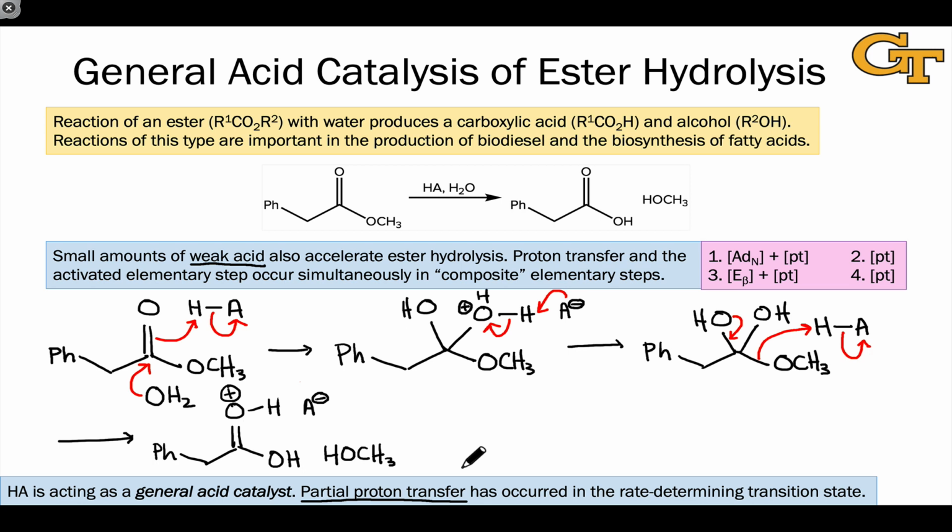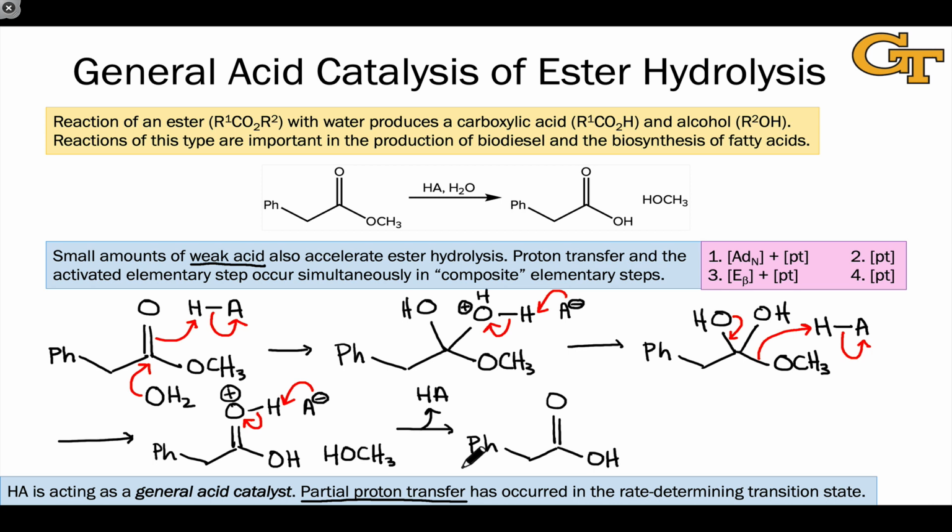That was thanks to proton transfer from the general acid happening at the same time as beta elimination. To complete the catalytic cycle, we transfer a proton from the protonated carboxylic acid back to the conjugate base of the general acid catalyst. This generates the neutral carboxylic acid and regenerates the catalyst, which can go on to engage with another molecule of substrate and restart the cycle.